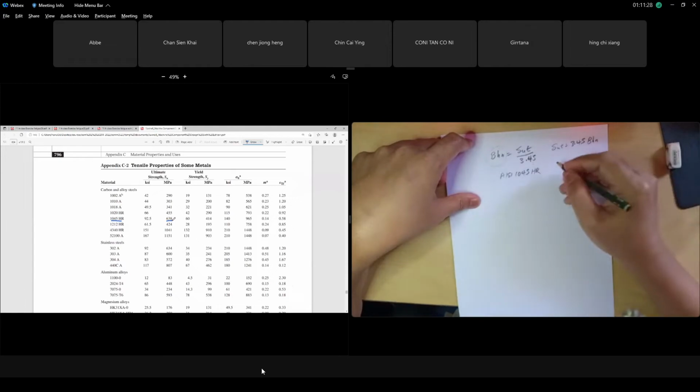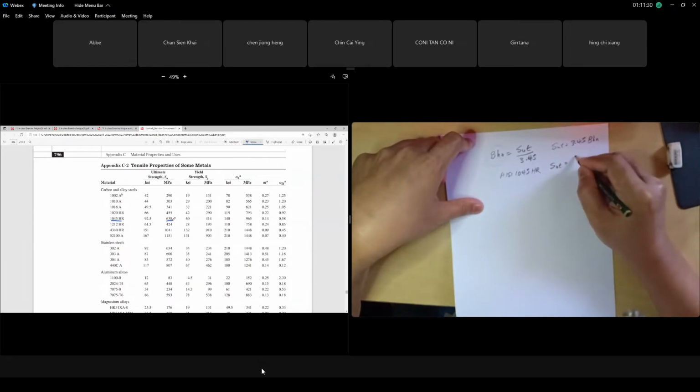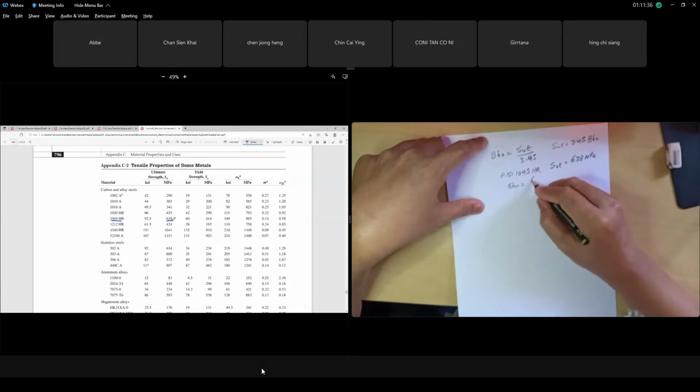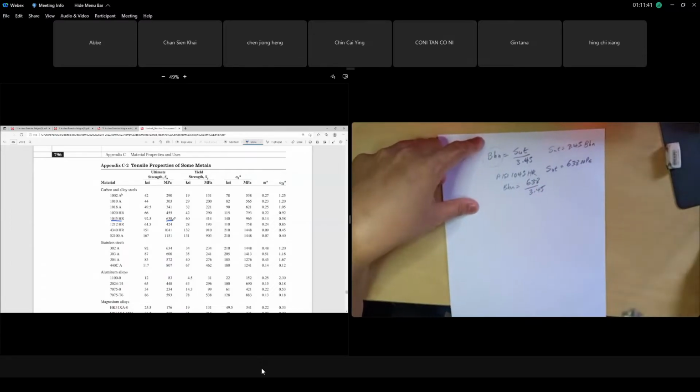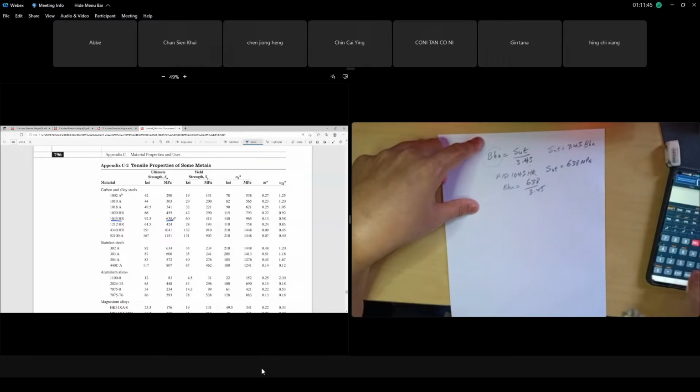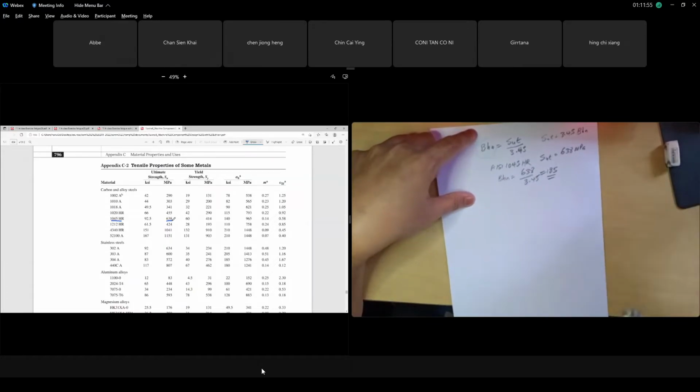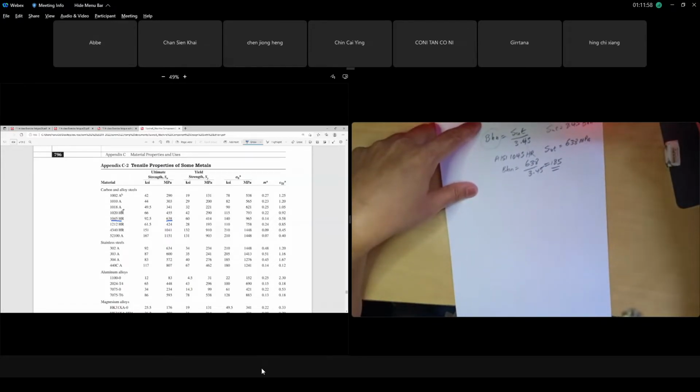Since your SUT is 638 megapascal ultimate strength, your BHN equals 638 over 3.45. What is 638 divided by 3.45? Your Brinell hardness is about 185. This is the value you use to find your Q, the notch sensitivity.